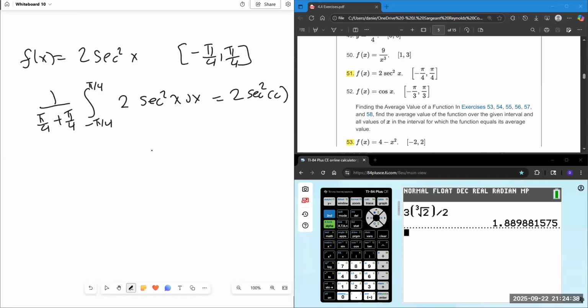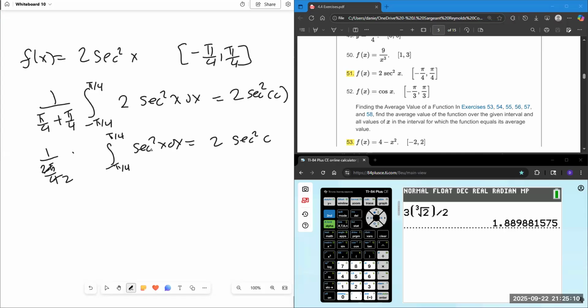So this is 1 over 2 pi over 4. 2 goes into 4 2 times. Bring the 2 out front here, and then the integral from negative pi over 4 to pi over 4 of secant squared x dx needs to be 2 secant squared c.